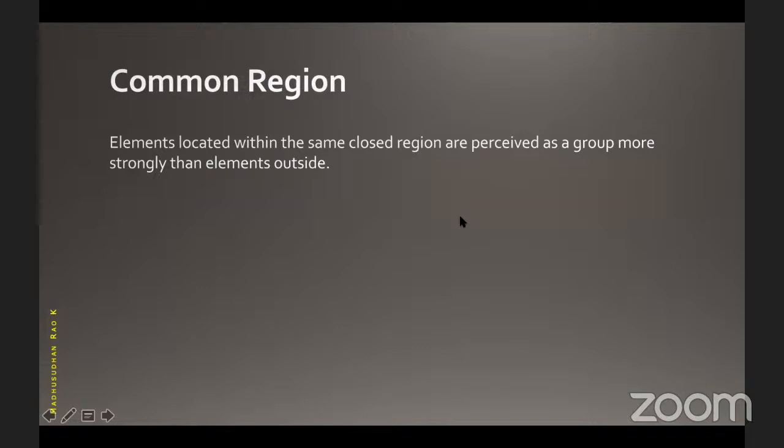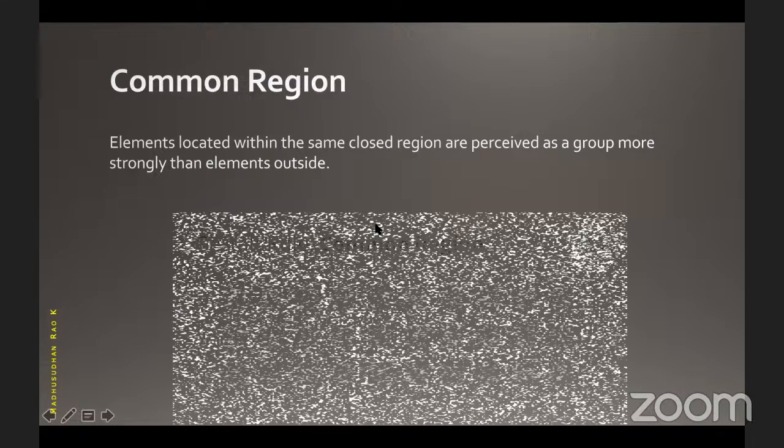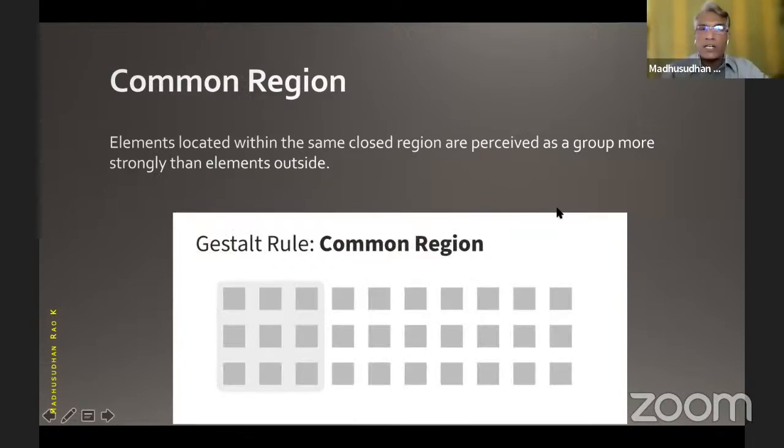Common region. Elements located within the same closed region are perceived as a group more strongly than the elements outside. Can you see there is a group? Very good. This is a group, right? So you feel these are perceived as a group strongly. But what about this?